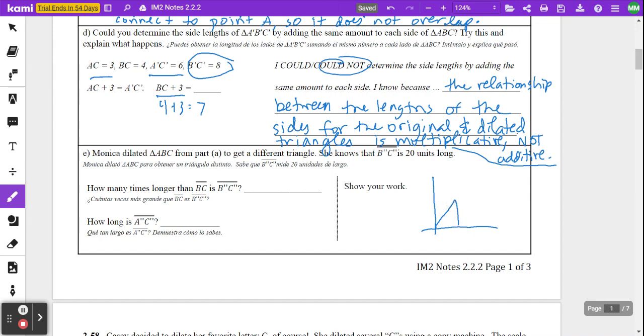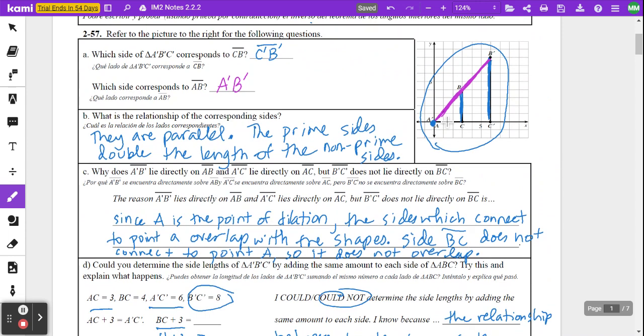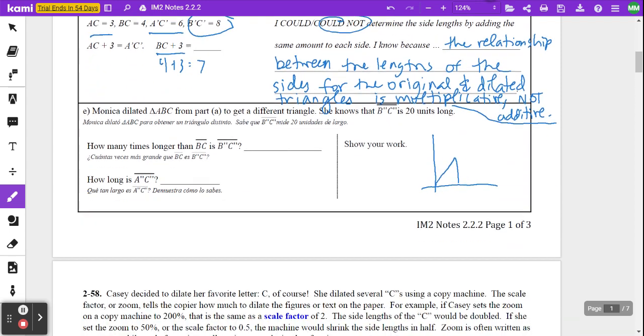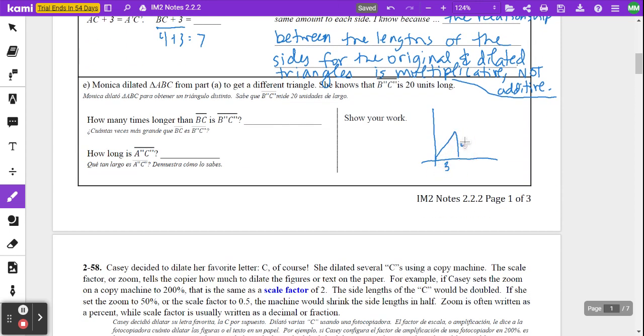And the original triangle had the dimensions of being a 3 across and 4 high, 3 and 4. And she's saying her new triangle will be what? This part's a question mark. And this part is 20.